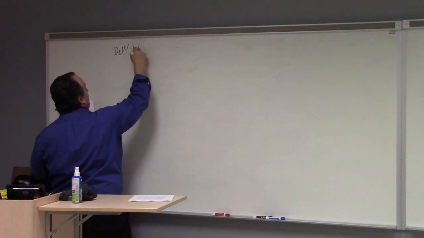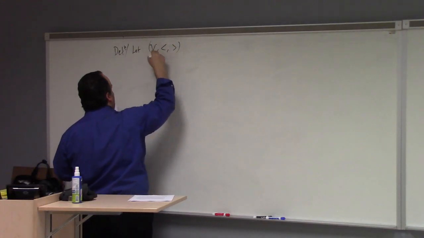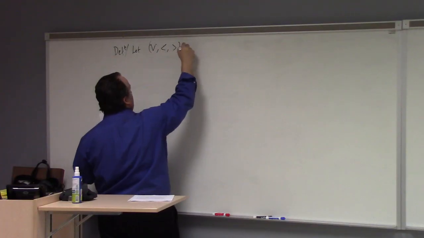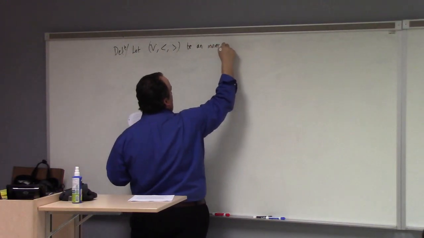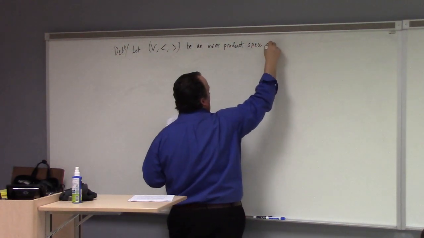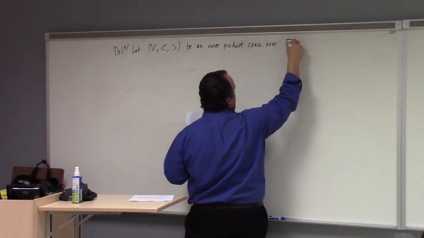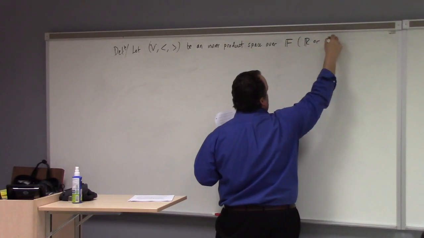All right, so definition. Let V, paired with the inner product, be an inner product space over F. Again, it's either the reals or the complexes, right?